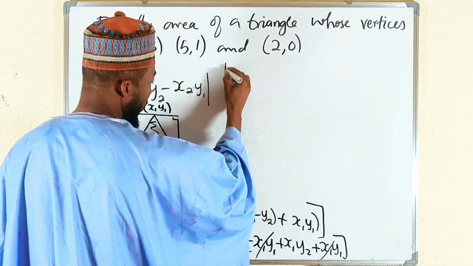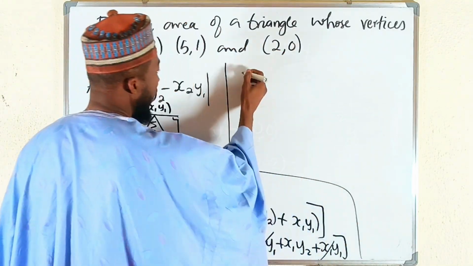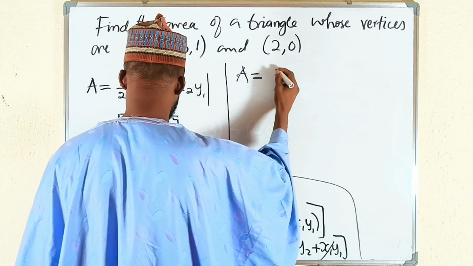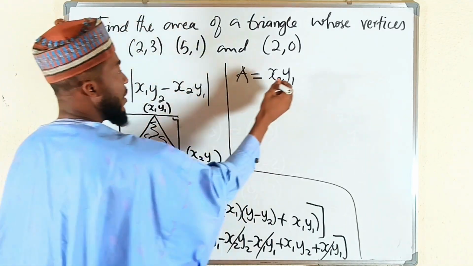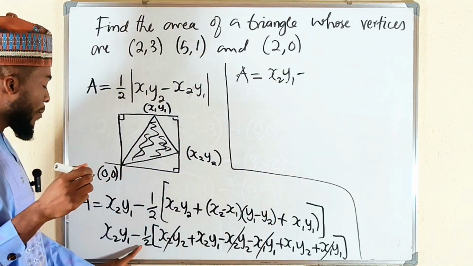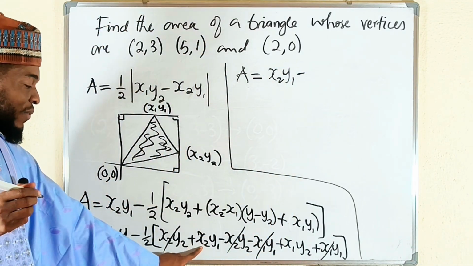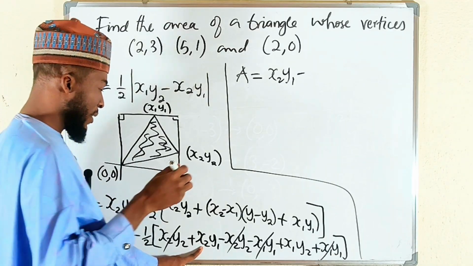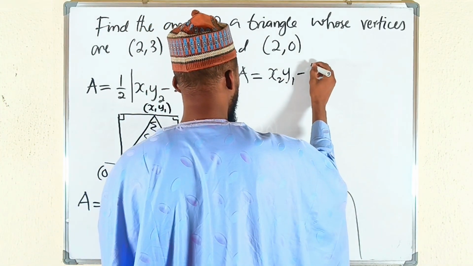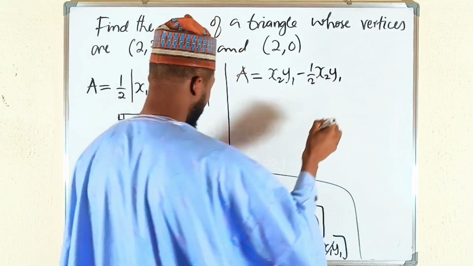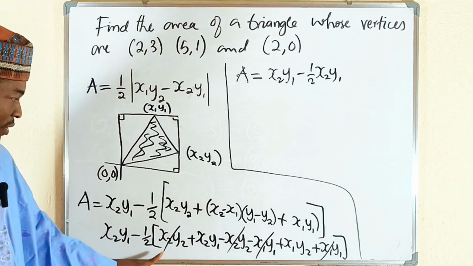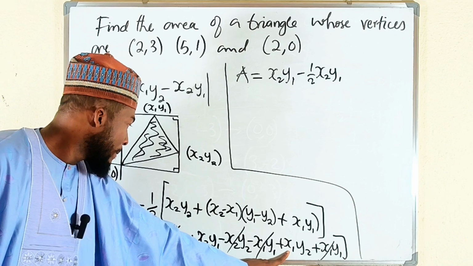So our area is now equal to x2, y1, which is this one, minus, remember, minus 1 over 2 of x2, y1. Then what other one? This one.